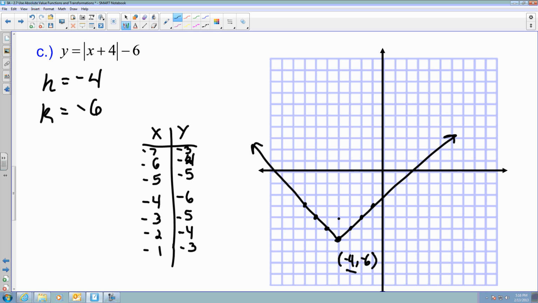And that is my new absolute value function when it's shifted to the left 4 and down 6.